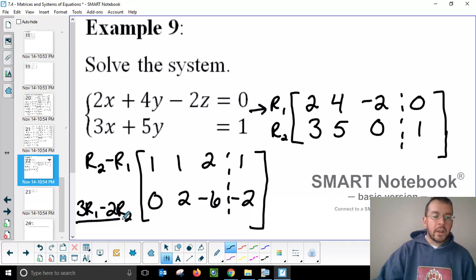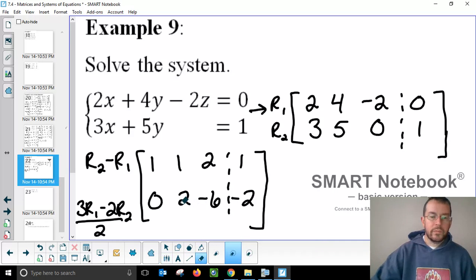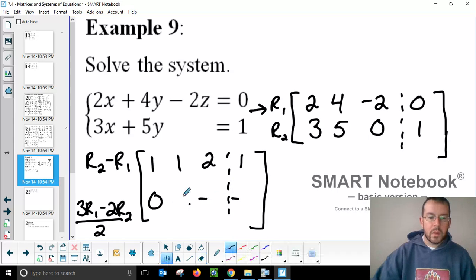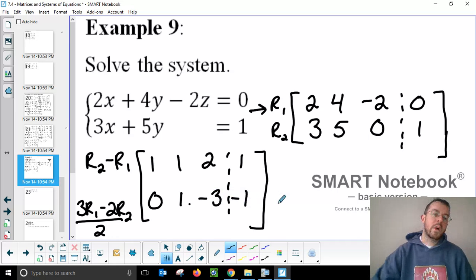So we could clean this up a little bit and just divide everything by 2. So I would get 1, negative 3, negative 1. Just makes our computations a little bit easier down the road here.